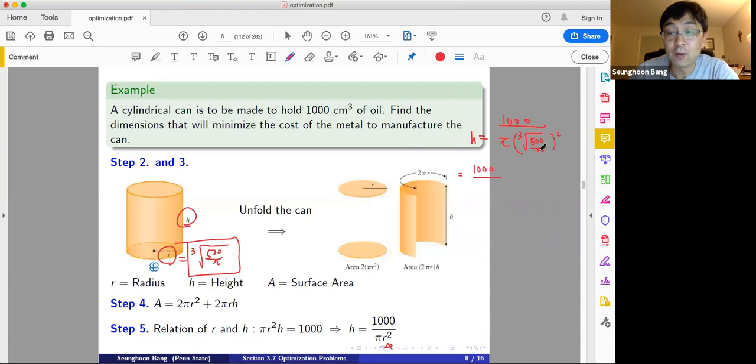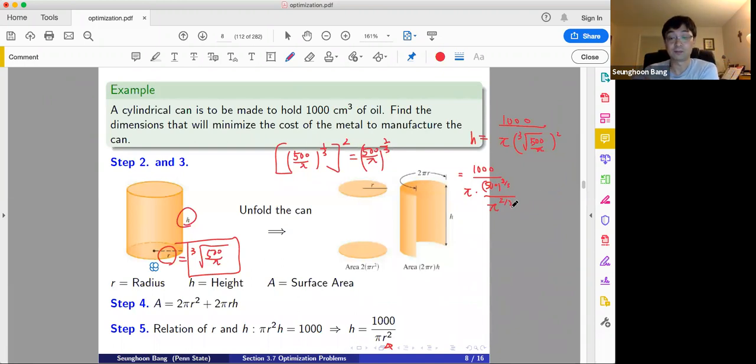What's the cube root of 500 over pi? Exactly 500 over pi to the power 1/3, and squared. 1/3 times 2 is 2/3. We have 500 over pi to the 2/3. You have to distribute the 2/3 to the numerator and the denominator. So we have pi times 500 to the 2/3 over pi to the 2/3.